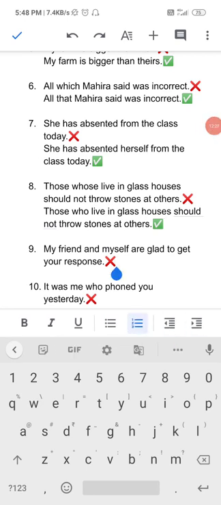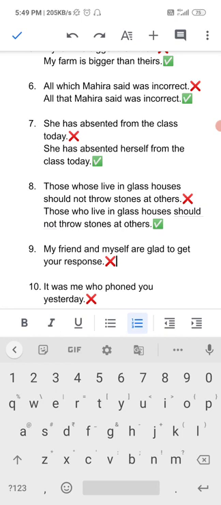"My friend and myself are glad to get your response." Look here. Before the verb are, we have used subjects my friend and myself. Mind the subjective form of myself. What is the subjective form of myself? It is I, not myself itself.